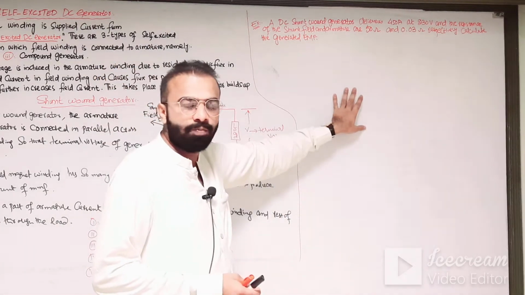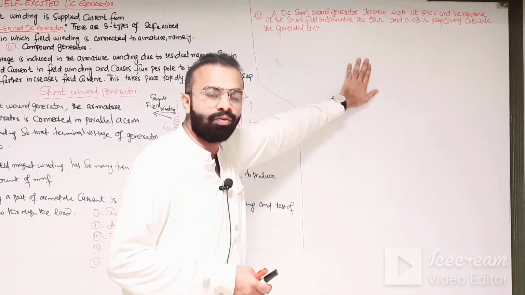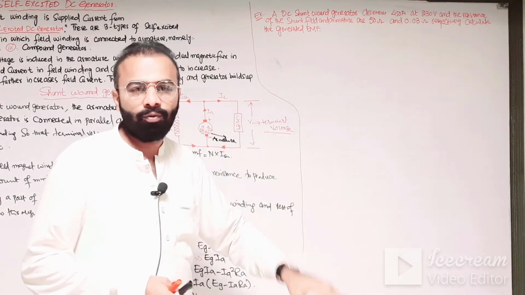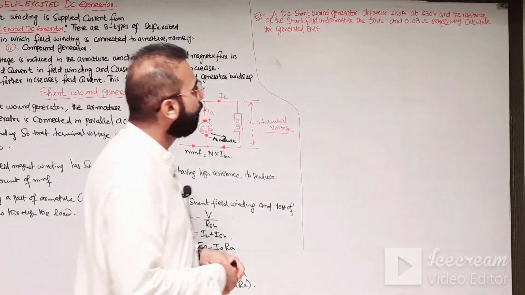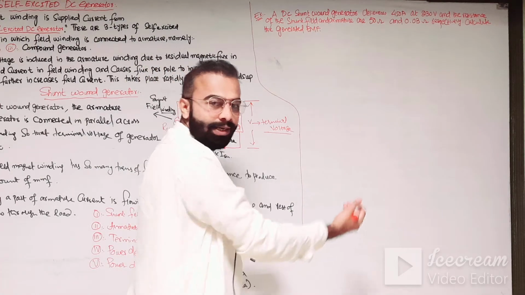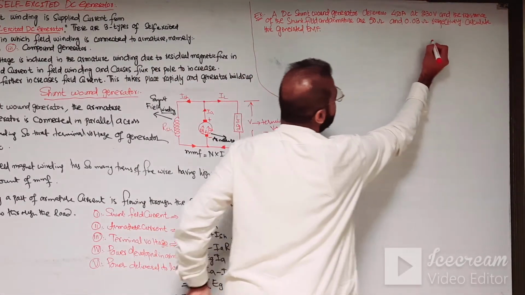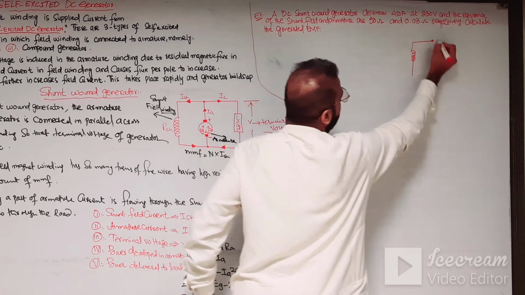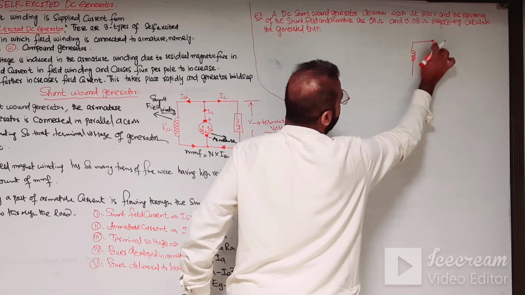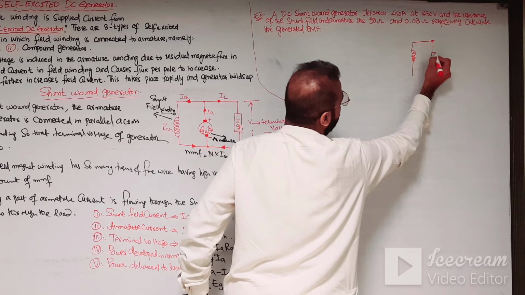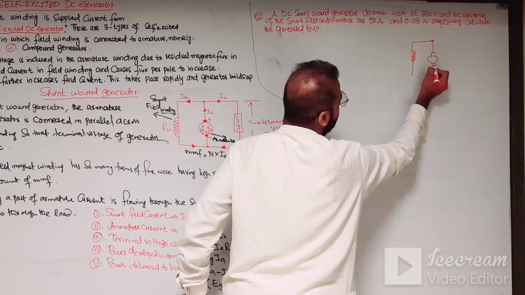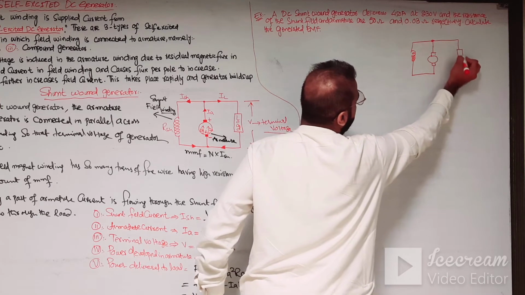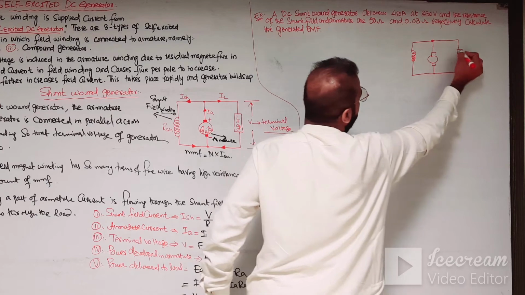Before solving this problem, first of all we need to draw the circuit diagram of the problem and also write down the data, and then we will solve the problem. So first we draw the circuit diagram. Again, this is a DC shunt wound generator. The shunt field winding is connected in parallel across the armature winding, and this is the load.